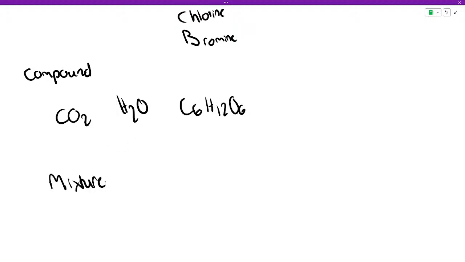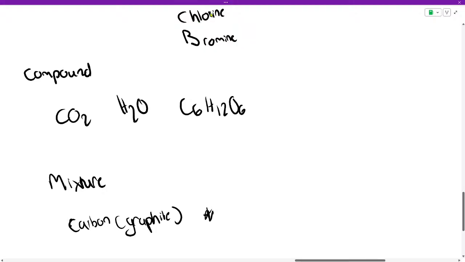Mixture. Simple. Let's say you take carbon in the graphite form and you mix it with, let's say, you don't chemically bond, you physically mix it with, okay, no, that's a very bad example.